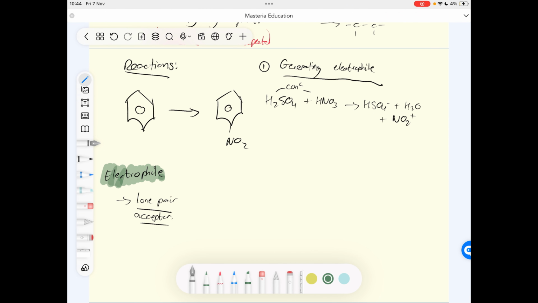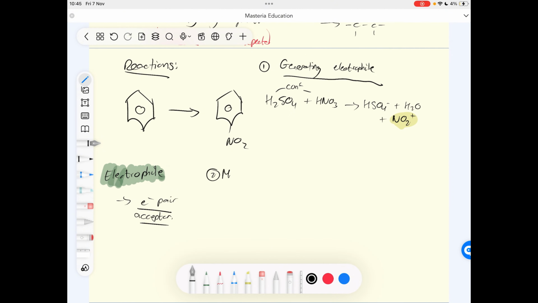And this NO2 plus is essentially our electrophile, because it's positive, it can really accept that lone pair, or a better word of actually saying rather than lone pair is actually the electron pair acceptor, because it can be a lone pair or it can be more generally an electron pair. So the first step is generating the electrophile.